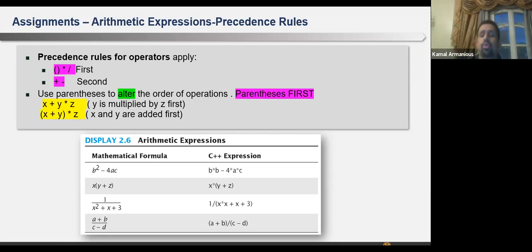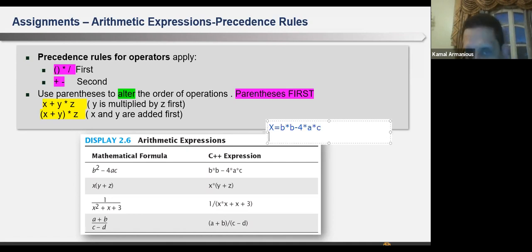Based on what order? So if we have this equation right here, x equals b times b minus 4 times a times c.